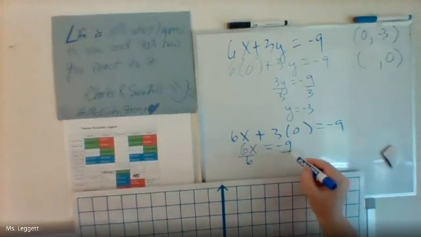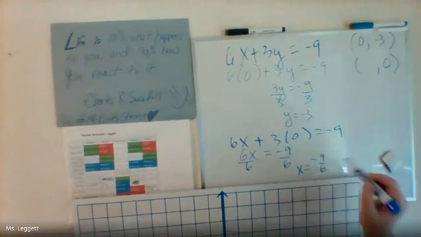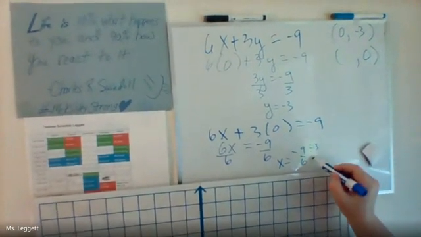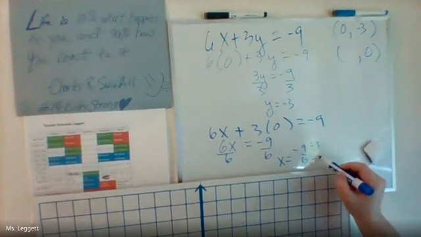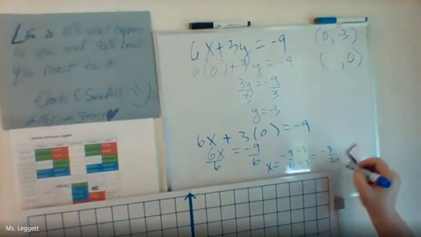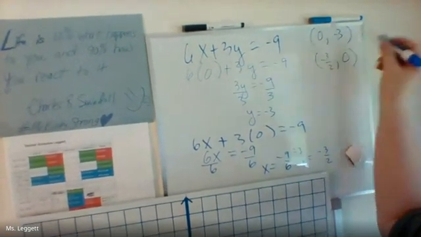Divide both by 6. So x has to equal negative 9/6, but they're both divisible by 3. We can simplify this fraction. So x actually equals negative 3/2. Negative 3/2. And that's the first line.